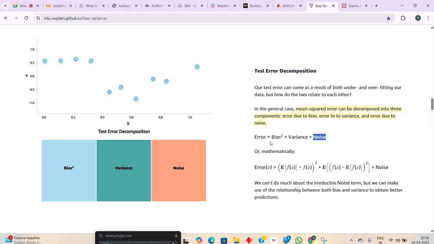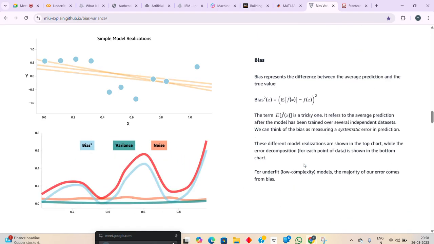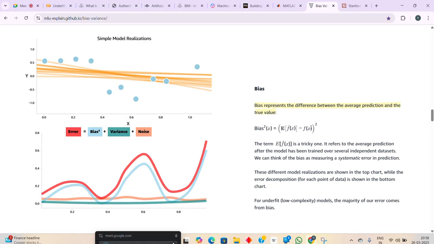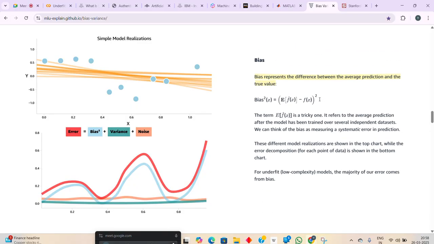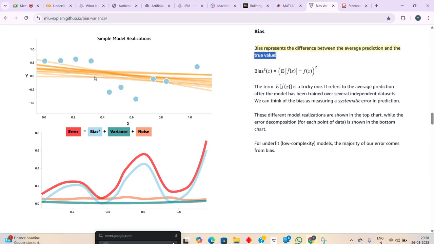So bias squared plus variance, and the actual formulation is this one mathematically. Bias represents the difference between the average prediction and the true value. If we plot that, this is how it will be.